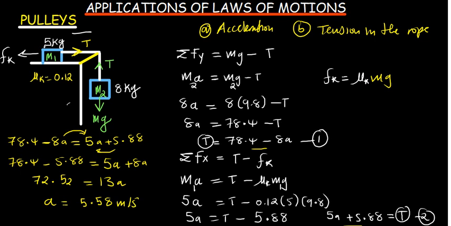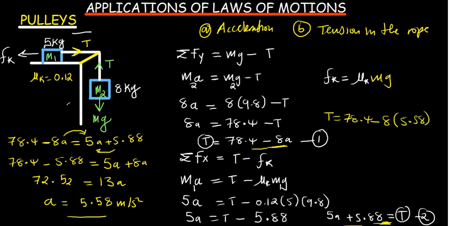That's acceleration. To find the tension, we can use either this equation here or this equation here. So let's use this one. Tension is equal to 78.4 minus 8a. But where there is a, we're going to put 5.58.